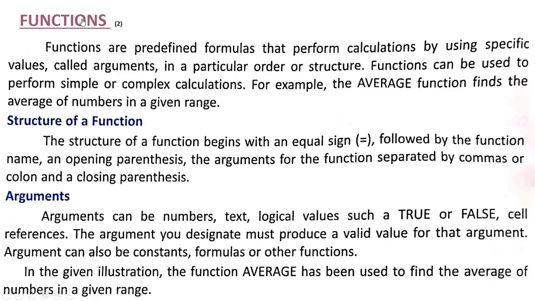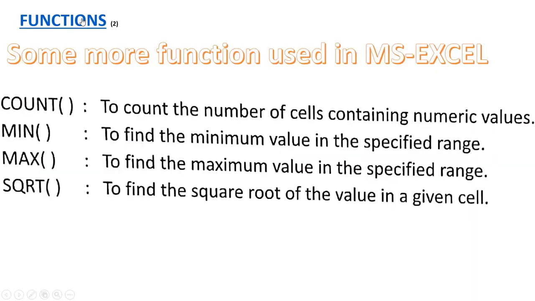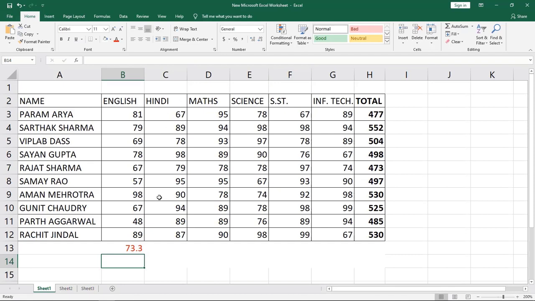73.3 is the average of the English subject of all these students. In our book, 4 functions are given. Let's see that: count function, minimum function, maximum function, square root. What is the count function? It counts the number of cells containing numeric values. Let's see the example. Suppose here, how many cells are we using? 1, 2, 3, 4, 5, 6, 7, 8, 9, 10.